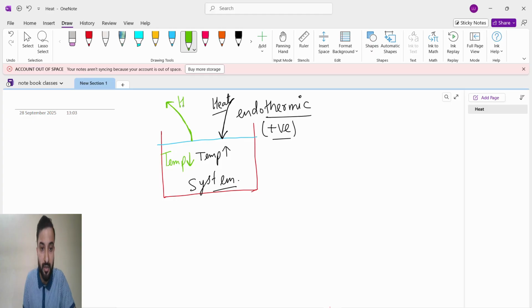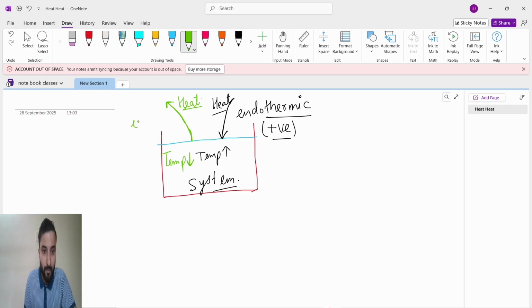So in the second condition, heat is released by the system. If heat is released by the system, the temperature of the system will decrease. Heat is released by the system means heat is going out. Out means exit.